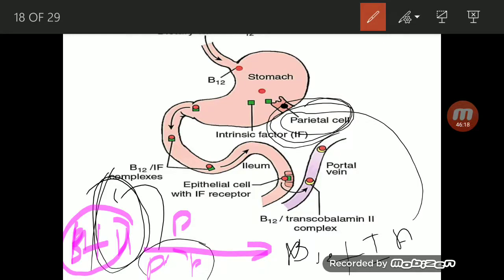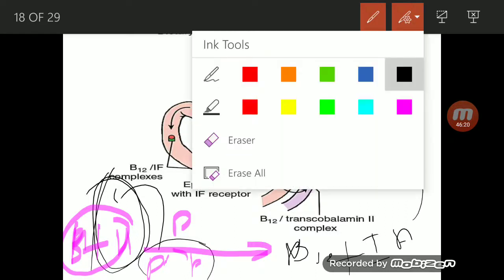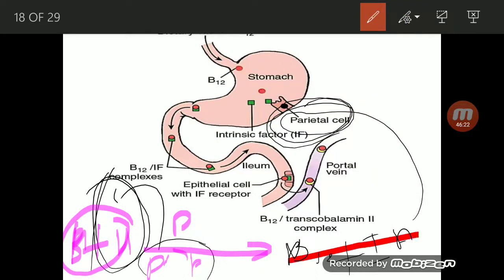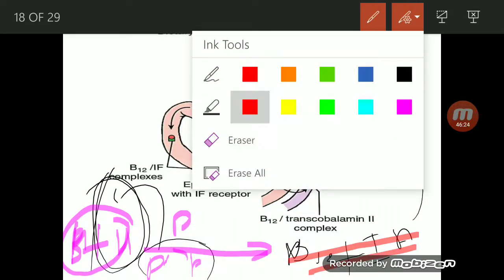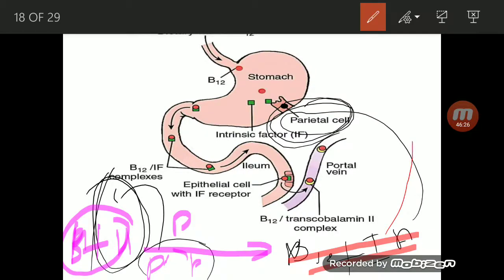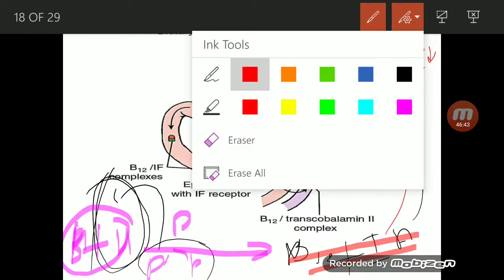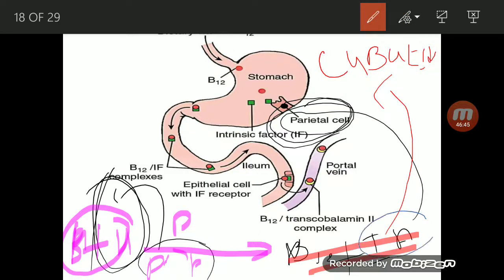Now this complex, vitamin B12 and intrinsic factor complex, goes and binds to a receptor known as tubulin, which is a receptor for your intrinsic factor.